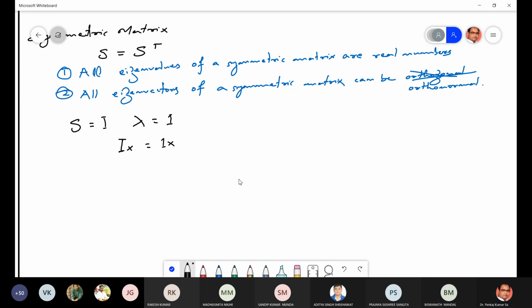That's right. Now you have lambda as 1 and here it is x. That means you can choose x whatever you like, isn't it? You can choose x whatever you like.